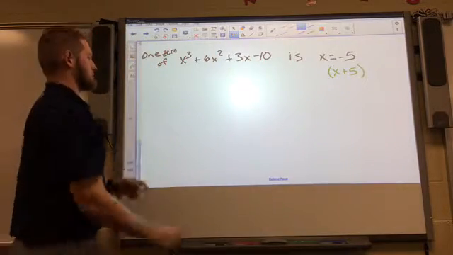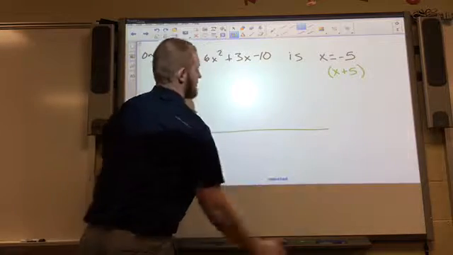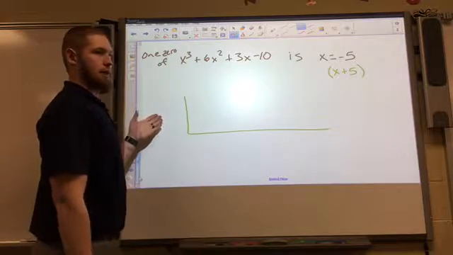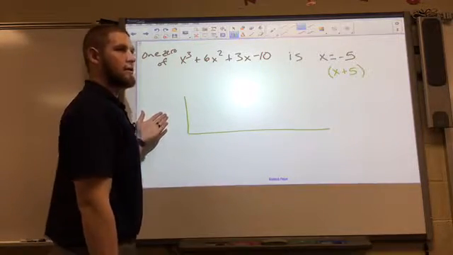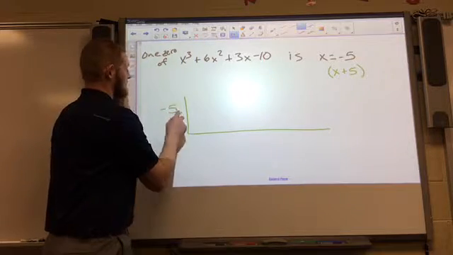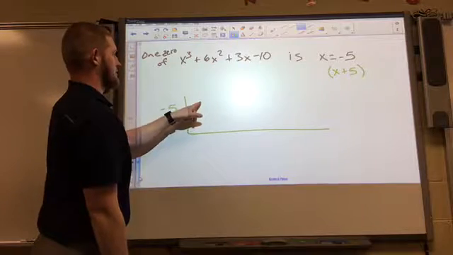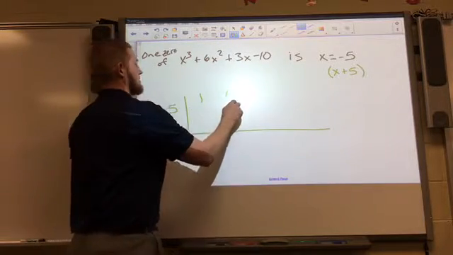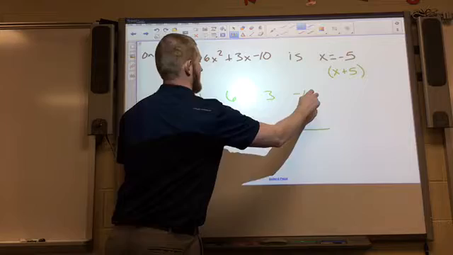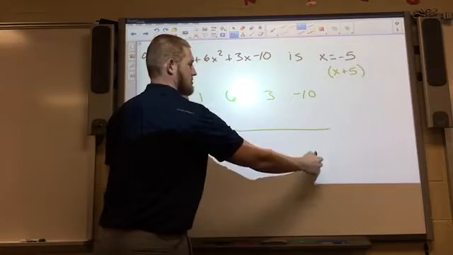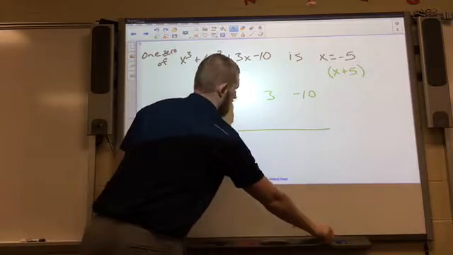Okay, which means, Lorelei, when I set this up in polynomial division, what goes on the outside? Negative 5. Good. Okay, and then let's fill these in. This turns into a what for my division? A 1, a 6, a 3, a negative 10. And this remainder should be 0.